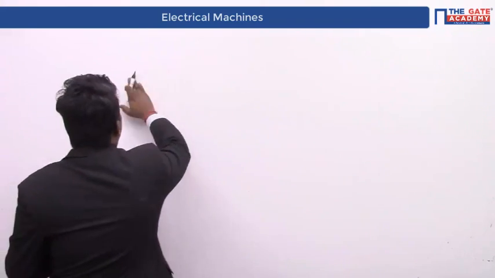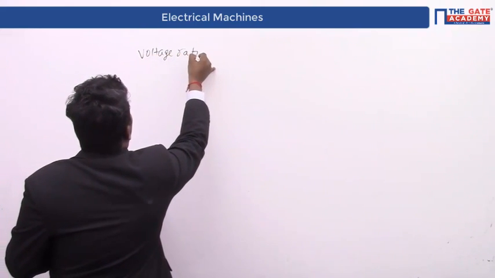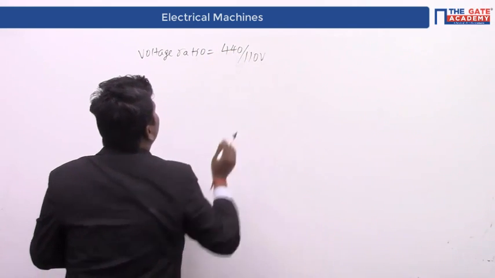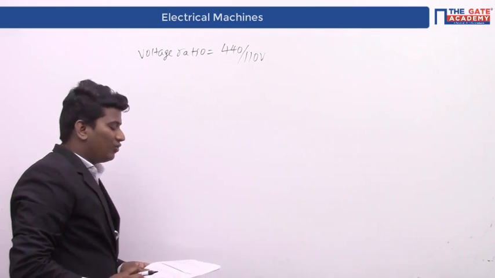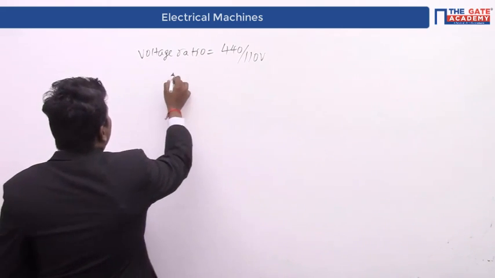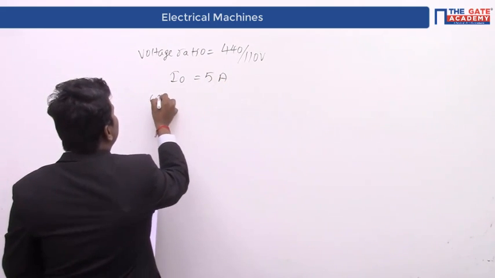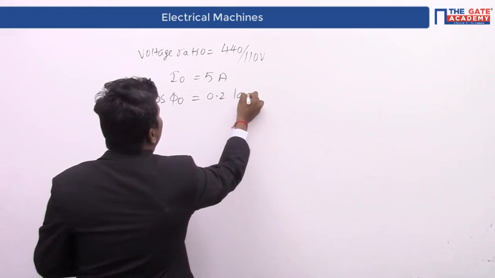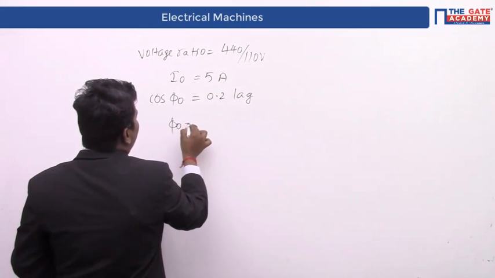So, first of all, understand the given data. What have they given? Voltage ratio, how much have they given? 440 by 110 volts. Therefore, what is the no load current drawn by the machine? 5 amperes, and its corresponding power factor 0.2 lagging. 0.2 lagging means what is your phi naught?